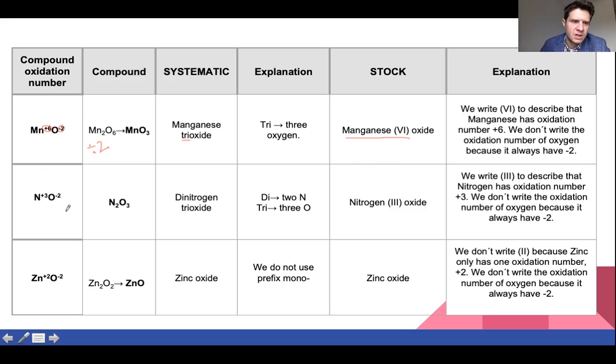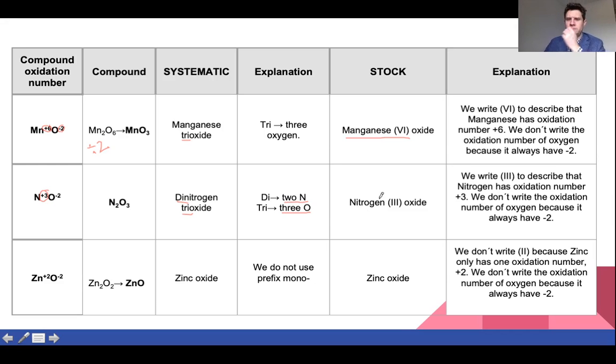Okay, good. Nitrogen. Again, nitrogen has more than one oxidation number. In this case it has +3. We shift the oxidation numbers and it stays like that. Dinitrogen trioxide: di because we have 2 nitrogens, tri because we have 3 oxygens.